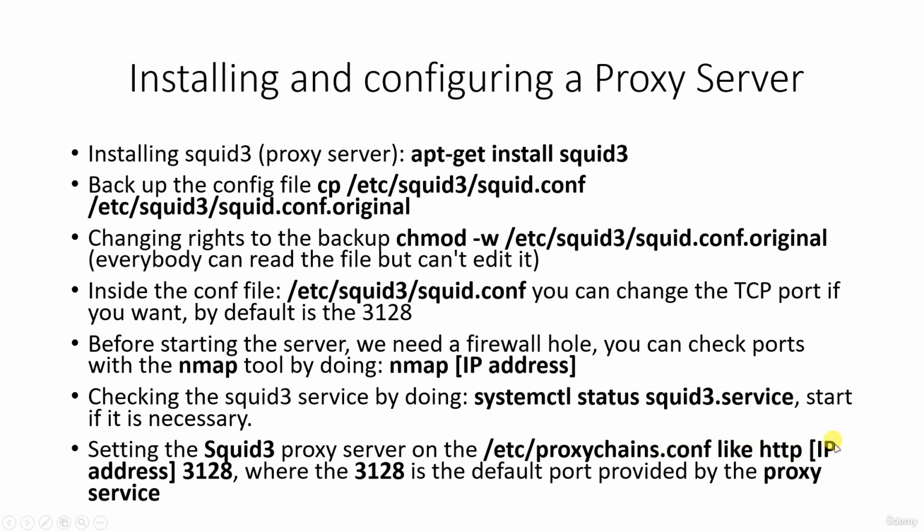After that, type the command http, your IP address and then the port. The default port is 3128. If you scan with Nmap, the 3128 port on the Squid3 service won't be on the server.